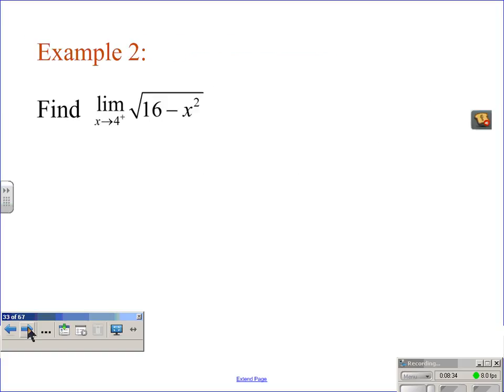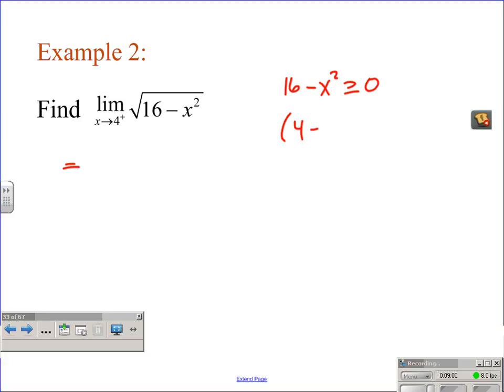Okay, here's another example. I'm sorry, it's not our final example; we're going to work through one more after this. We again could use the calculator, or we can use our limit theorem, so our limit properties. We have a quadratic in the radicand, so you know that 16 minus x squared is going to be greater than or equal to 0.